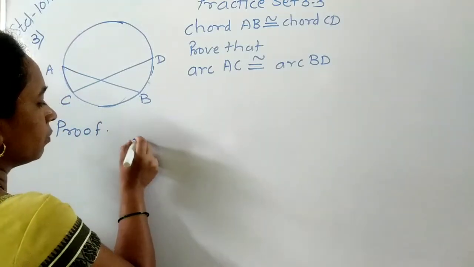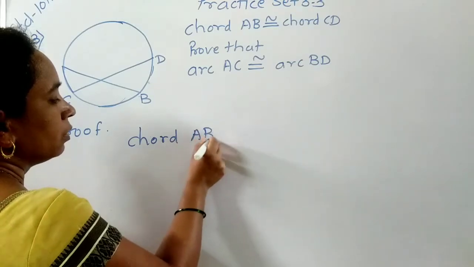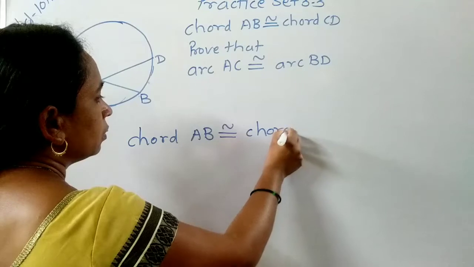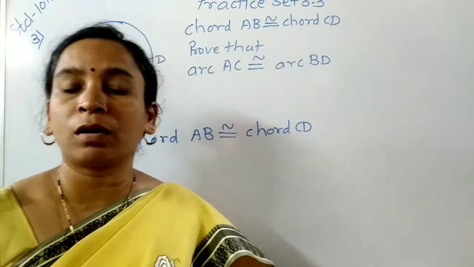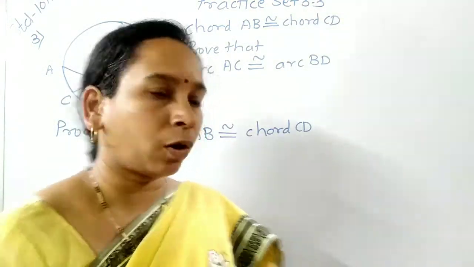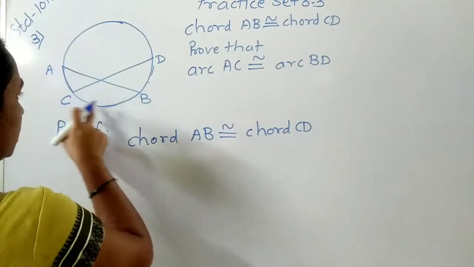So what is given? Chord AB is congruent with chord CD. It is given, and we know the property: if the chords are congruent, then their corresponding arcs are also congruent. So chord AB's corresponding arc is ACB.